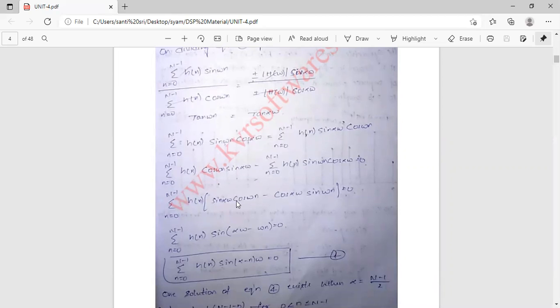So it becomes sin(alpha omega) cos(omega n) minus cos(alpha omega) sin(omega n), which is equal to 0. We can write this as sin a cos b minus cos a sin b, that is sin(a minus b), right?